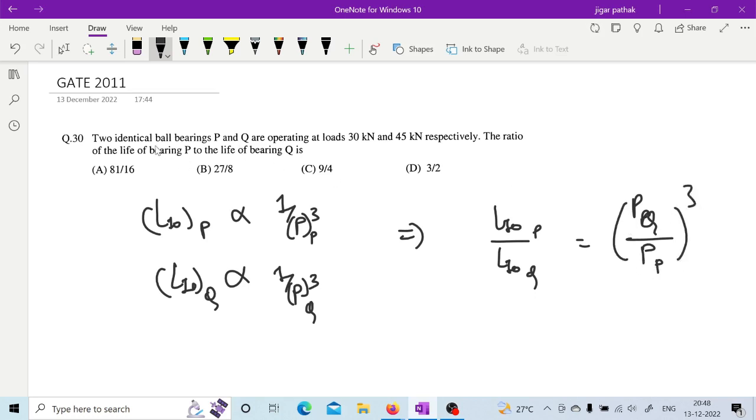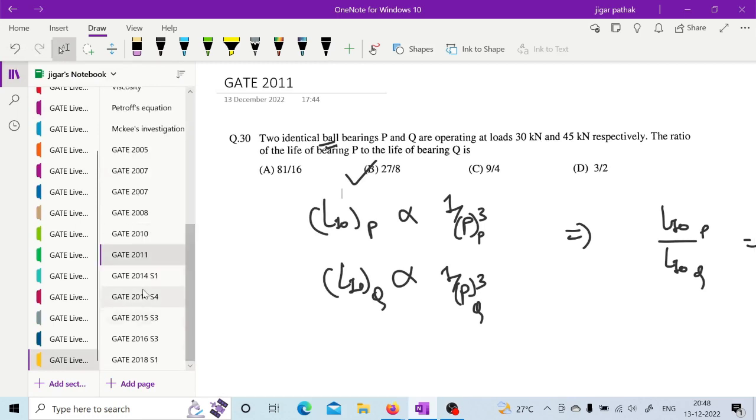Because it is a ball bearing, n is 3. Here the forces are 45 by 30, so tell me. Answer B. Because 45 by 30 is 3 by 2 raised to 3, so that is cube of 3 divided by cube of 2, so it is 27 by 8. Okay.